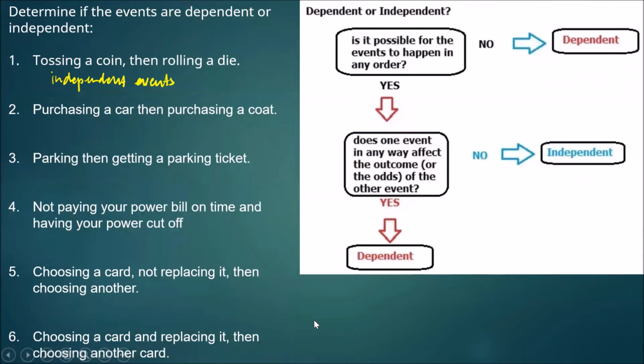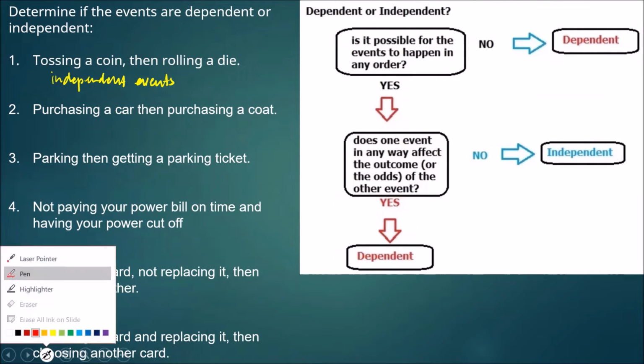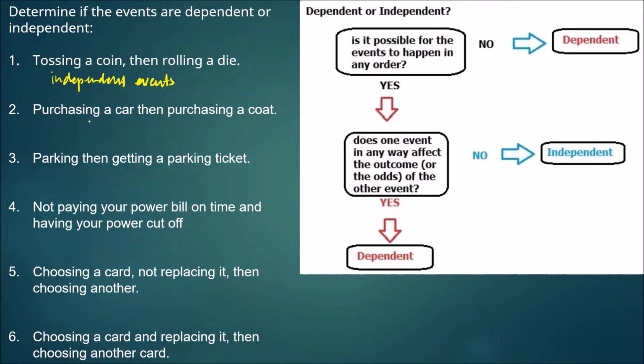So, purchasing a car, then purchasing a coat. Are these dependent or independent events? Is it possible that we purchase a car first, then purchase a coat? And is it also possible that we purchase a coat before purchasing a car? Yes, that's possible, right?